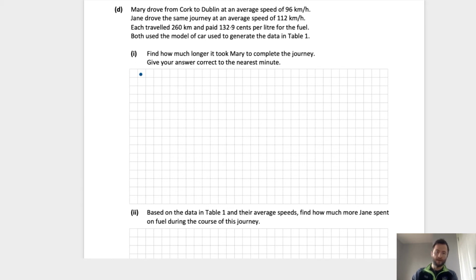A couple of ways of doing it, but I suppose the easiest way would be to remember that if speed is equal to distance over time, then time is equal to distance over speed. Here the distance is the same, so the person who travels faster will cover the distance in a shorter period of time. So the difference in time will be equal to the longer time minus the shorter time.